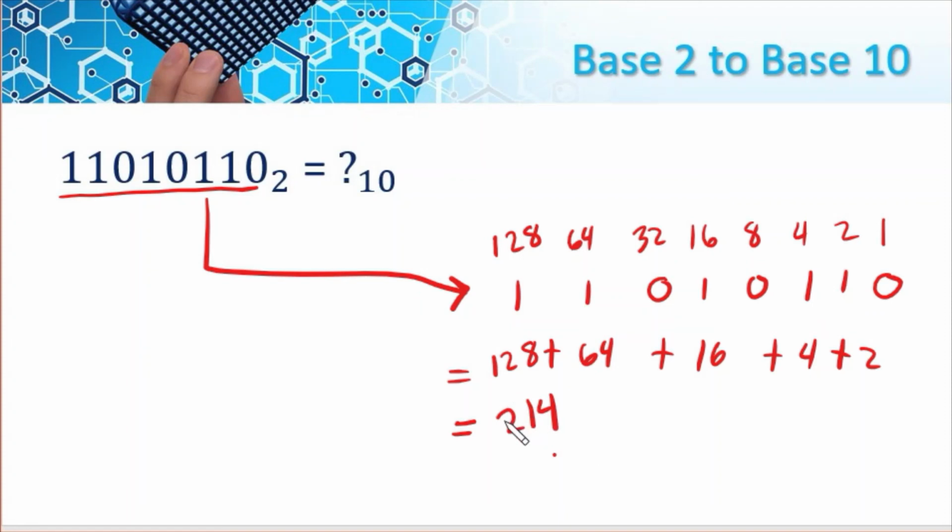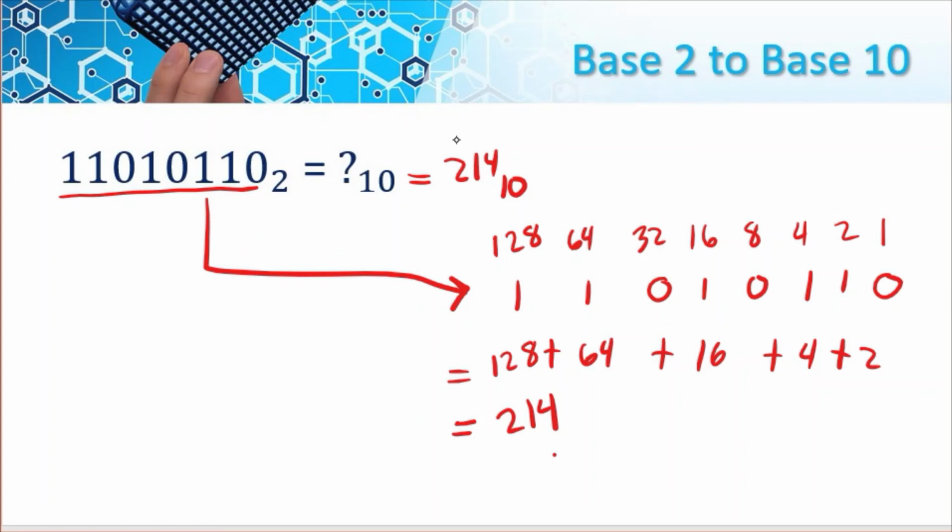So we have 214. So class, the answer is that the equivalent base 10 of this base 2 is equal to 214 base 10. That is the decimal value of this binary.